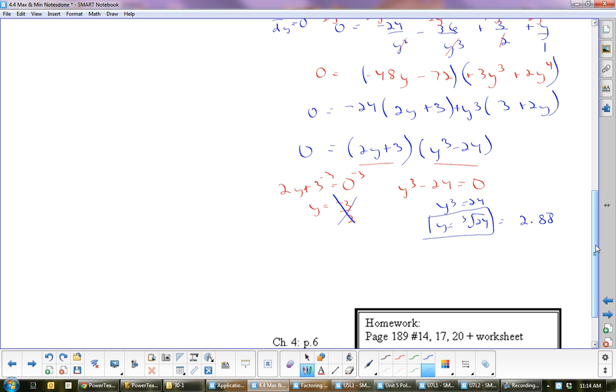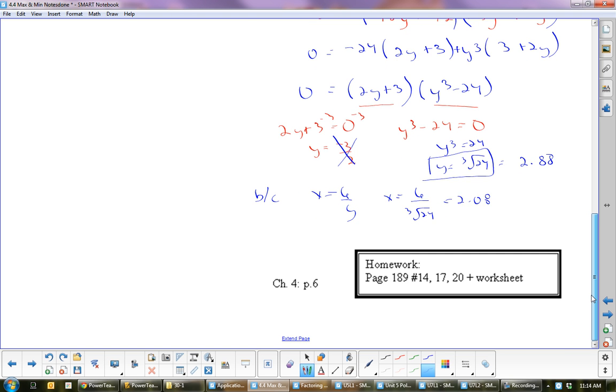Okay, so how am I supposed to find x? Because x is 6 over y. So x equals 6 over cube root 24, and that's 2.08. So now all I have to do is find L. L is the square root of (6 over cube root 24 plus 4) squared, plus (cube root 24 plus 1.5) squared.